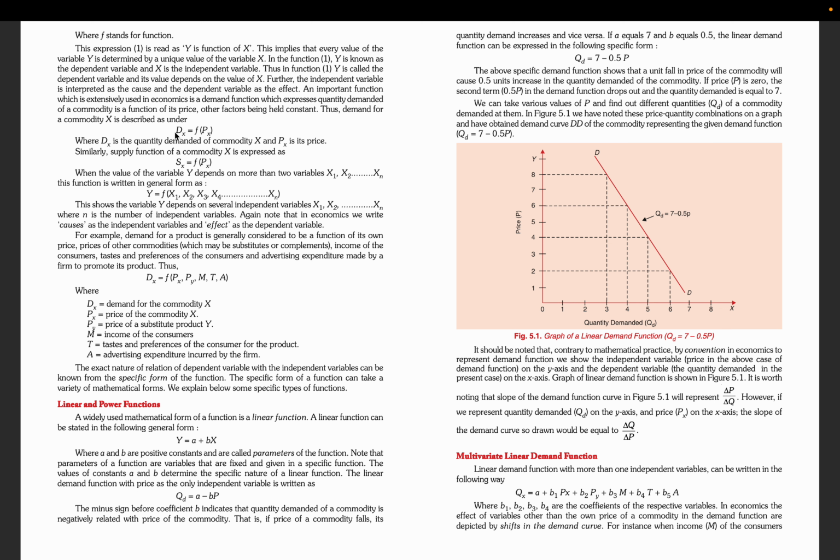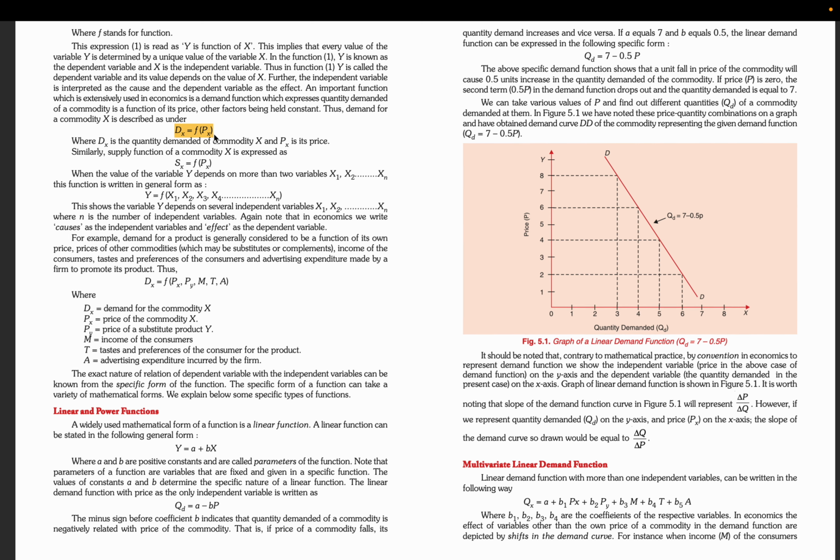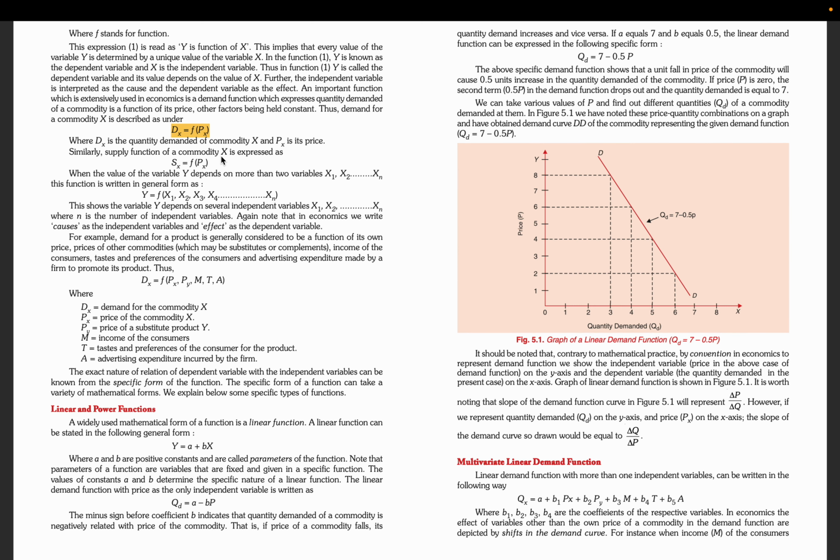Thus, demand for a commodity X can be described as D_x equals f of P_x. The subscript x is basically deciding that this demand D is for the commodity X, and it is a function of the price of X. That's again written in subscript, where D_x is the quantity demanded of commodity X and P_x is its price.